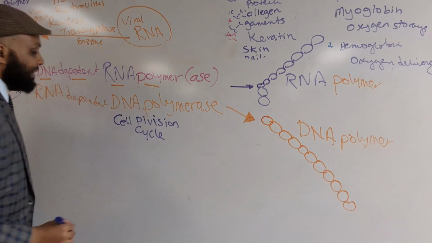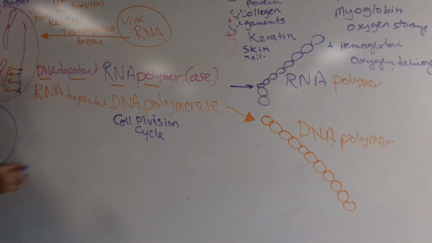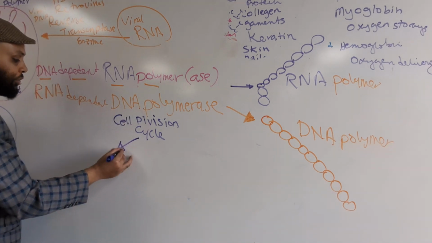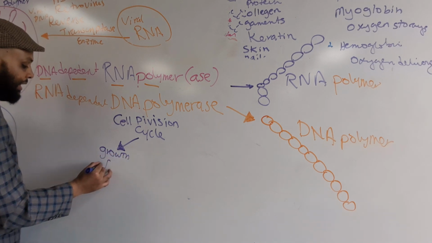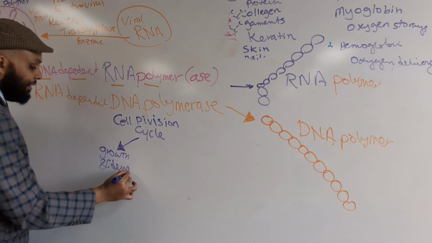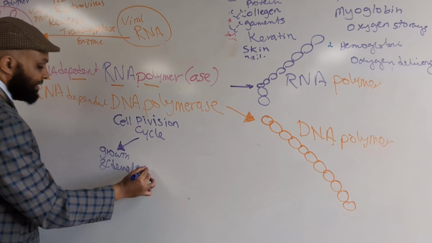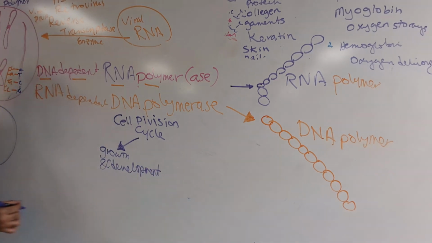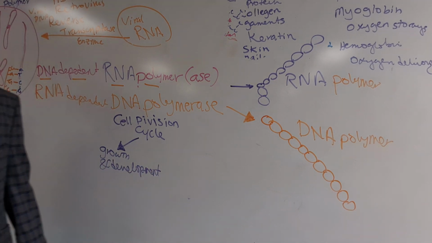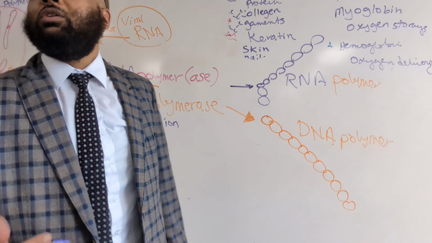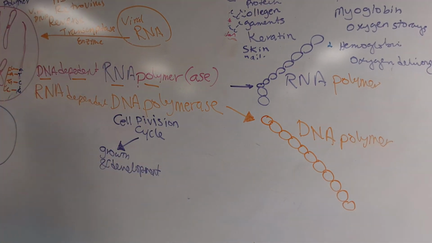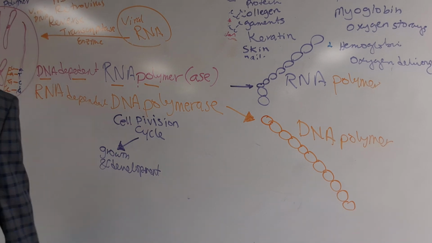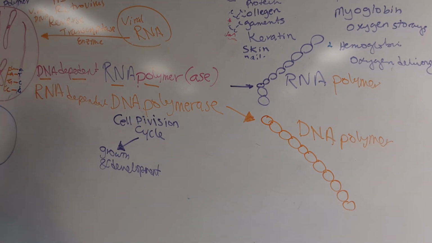The cell division cycle will happen, number one, for growth and development. In growth and development, going from an infant to a toddler, to an adolescent, to an adult, getting bigger, that requires a lot of growth, a lot of cell division.